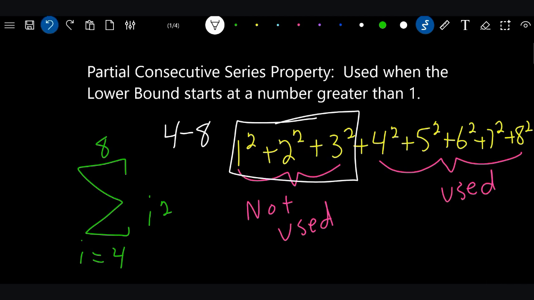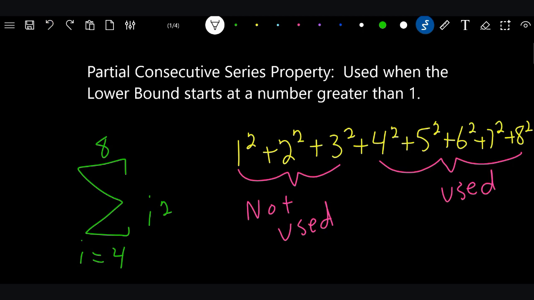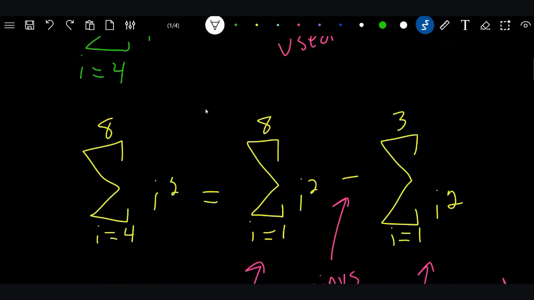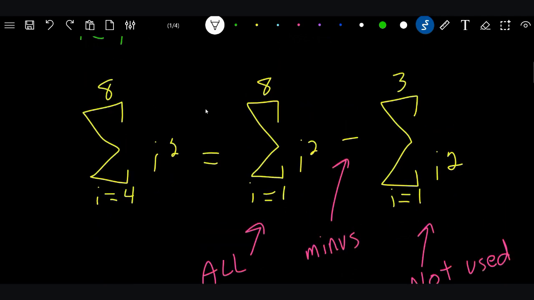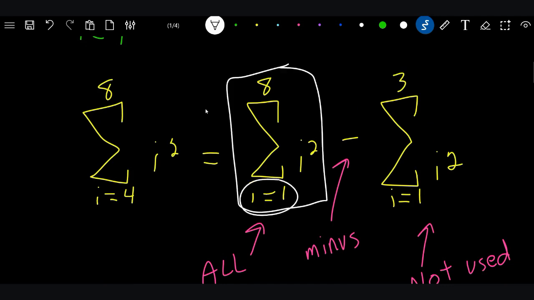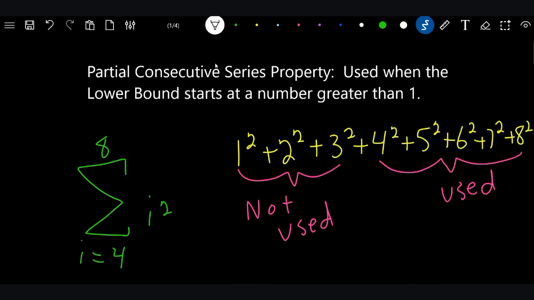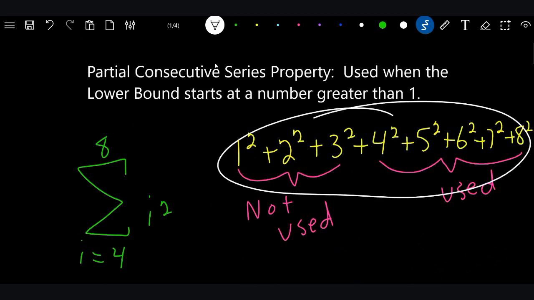Now, really the only way that we can do this is by using this little formula right here. So this is the original. This is what we started off with. But we are going to have to take the whole. Notice I'm starting with i equals 1 here, so this is all of these numbers.